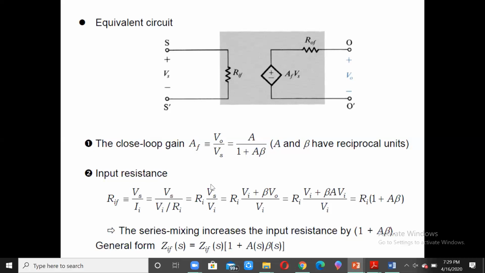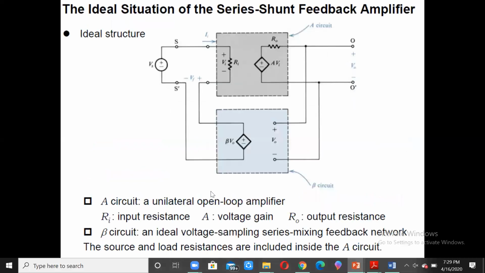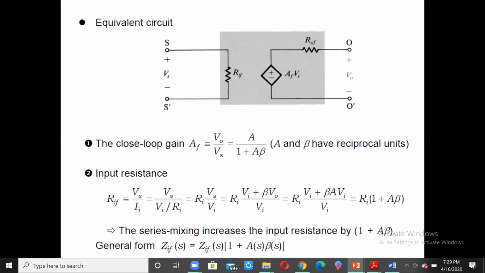The value of Vs, if you just see over here, is equal to the sum of Vi and Vf, Vi plus Vf, and Vf is nothing but beta V0, and the denominator will remain Vi.